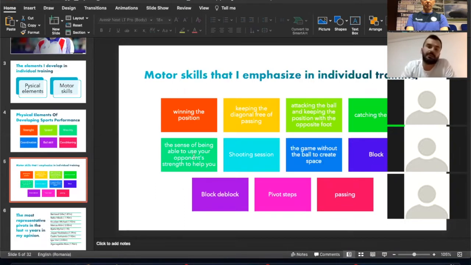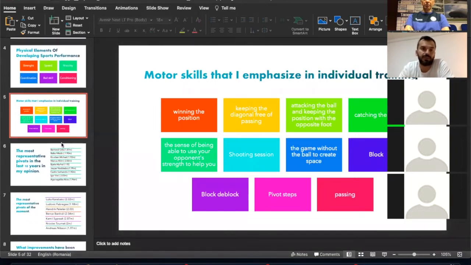I find this, you know, from when I was young and did judo, where they taught us, when we fight, to try to use the opponent's force to our advantage. Shooting session, the game without the ball, to create space, block the block, pivot steps, passing. So I find these motor skills to emphasize in individual training.